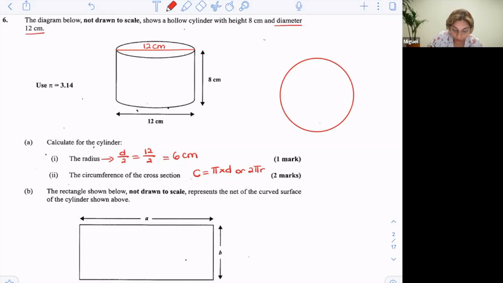They told you to use 3.14, so please don't use anything else. The question asks for a specific value for pi. You are to use what is stated in the question. You are not to use 22/7. You are not to use 3.142. It is specific to 3.14, so that is exactly what you're going to use.